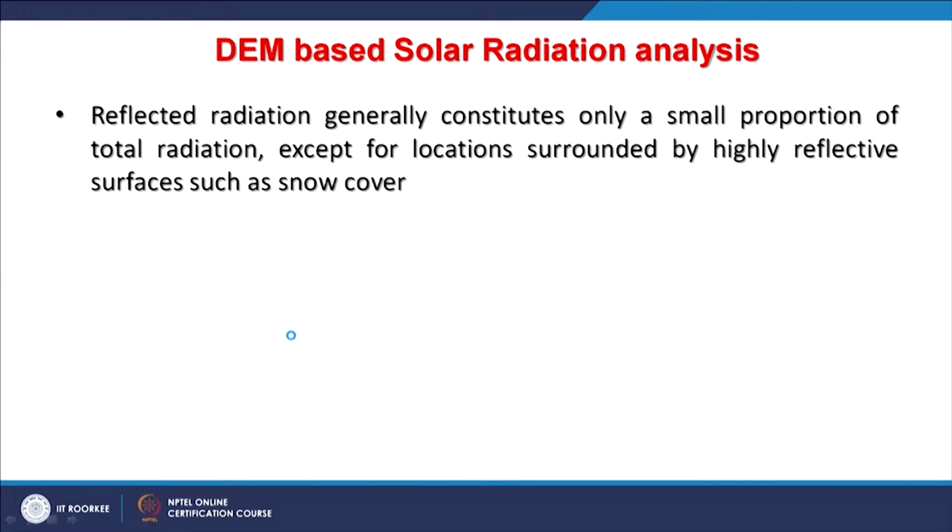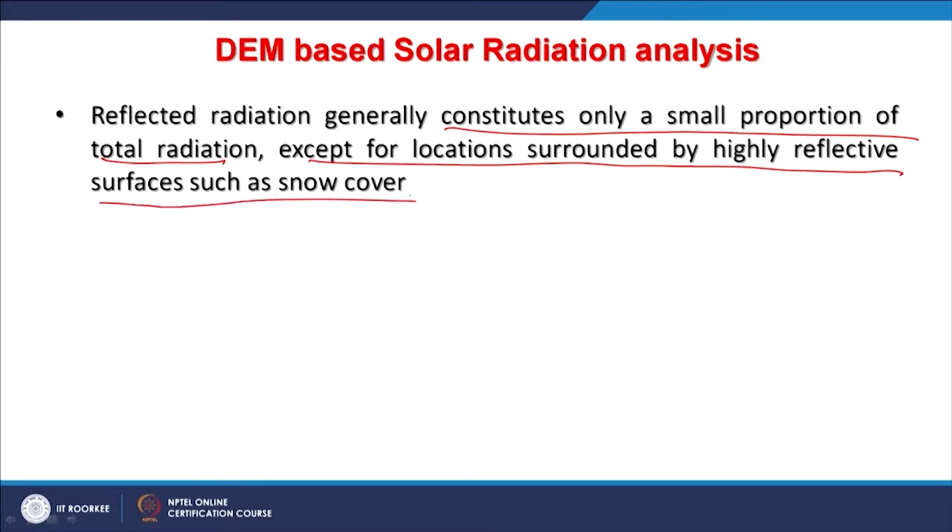This reflected radiation constitutes only a small portion of the total radiation, except for locations surrounded by highly reflective surfaces such as snow cover. In areas covered with snow or glaciers, where reflection is very high, reflected radiation can also be of very significant amount.